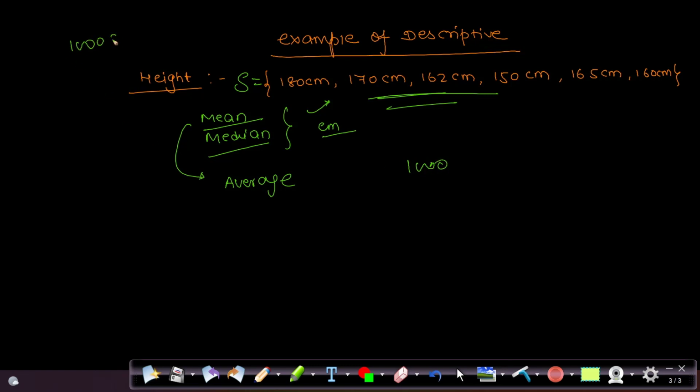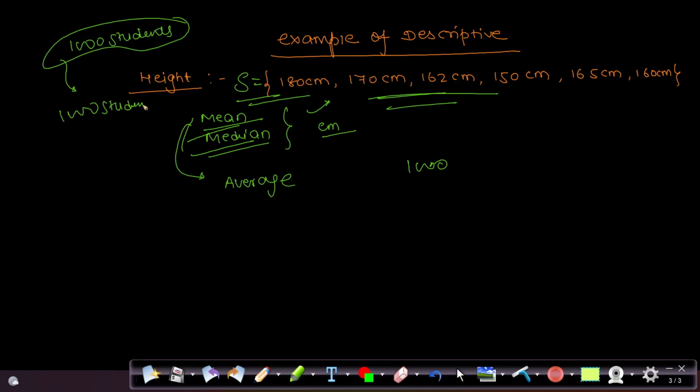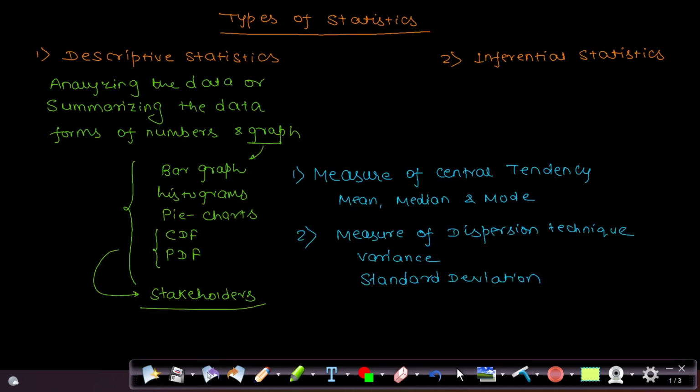These are the key differences between inferential and descriptive statistics.